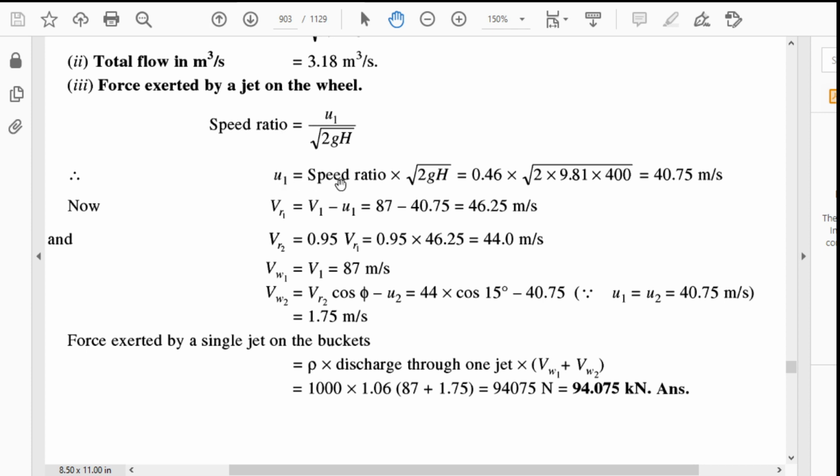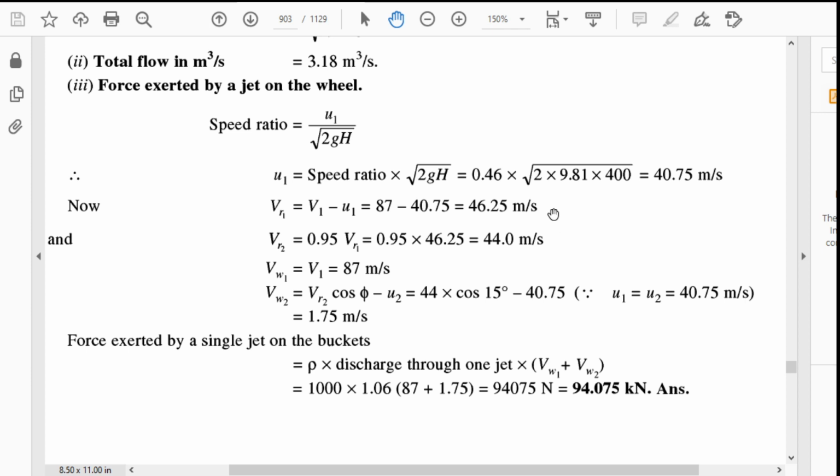So u1 can be calculated as speed ratio into root of 2gh, and we get the value 40.75 meters per second. This is your u1. Now this u1 will be equal to u2, which equals u. So u1 equals u2, that is 40.75 meters per second.